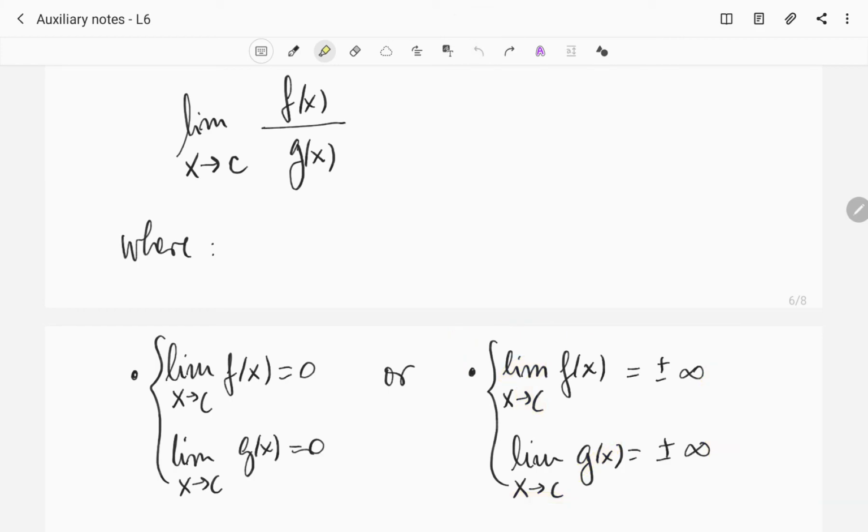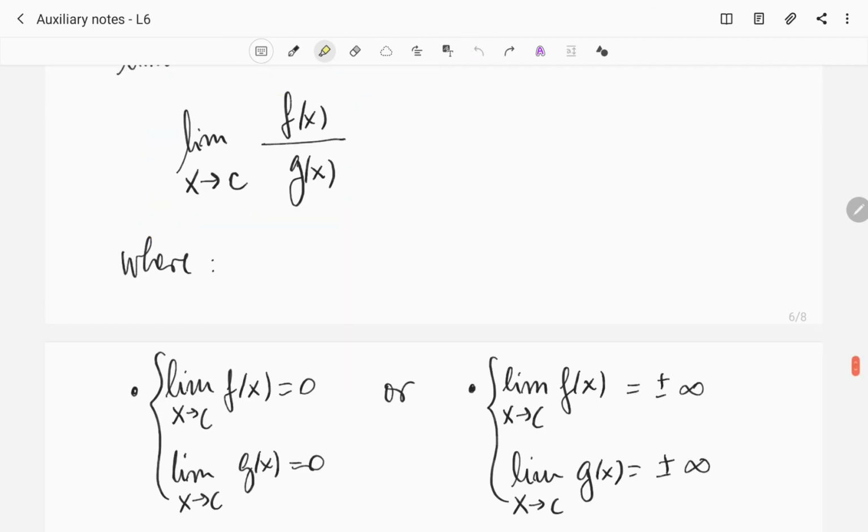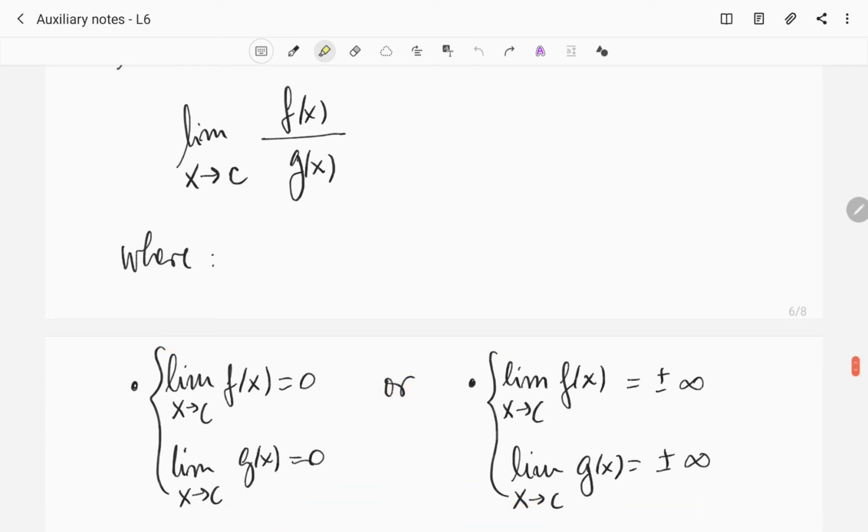So in these cases, again, we need to compute this limit, and f and g verify these conditions or these conditions. So don't mix, like, oh, f goes to 0 and g goes to infinity, because then you are not allowed to apply this rule. The rule only works when you have this situation or this situation. So make sure you don't mix the assumptions.